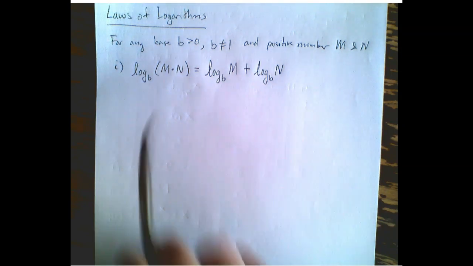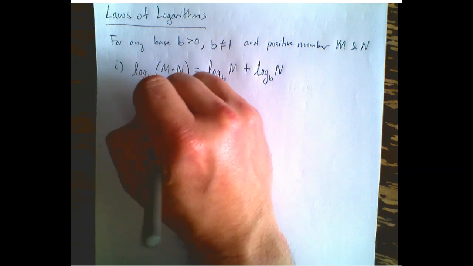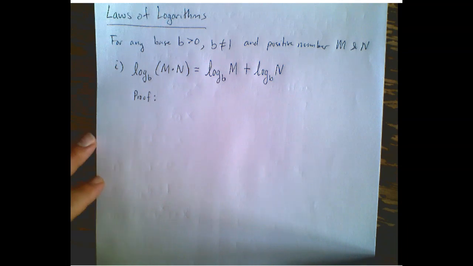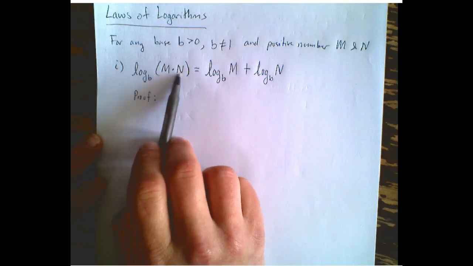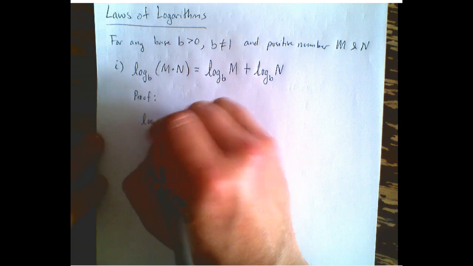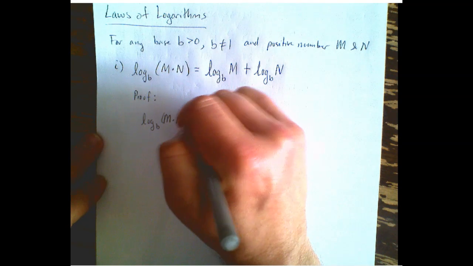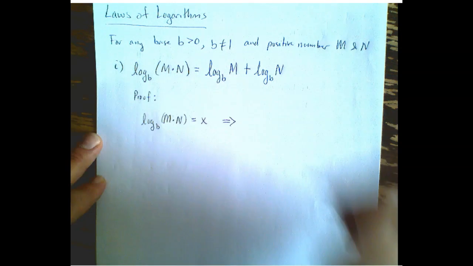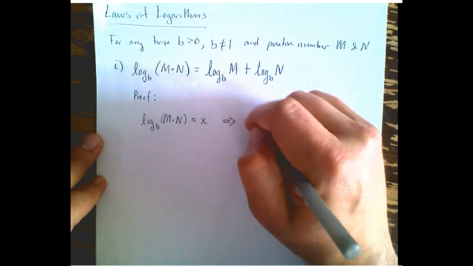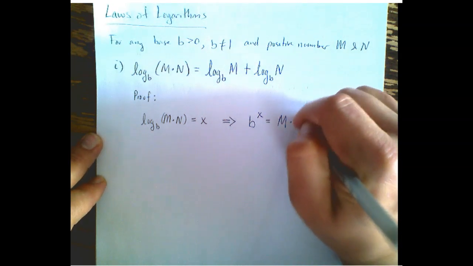All right, so where does this come from? So here is the proof. So we know that log base b of m times n, let's say equals x, is equivalent to the exponential statement b to the x equals m times n.